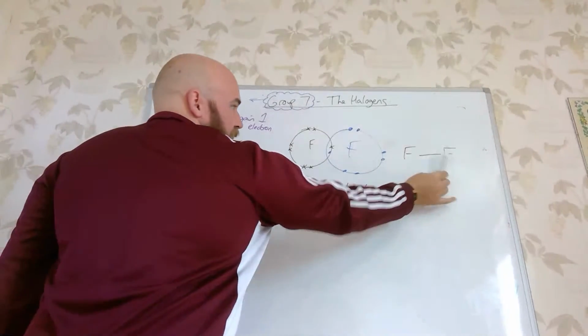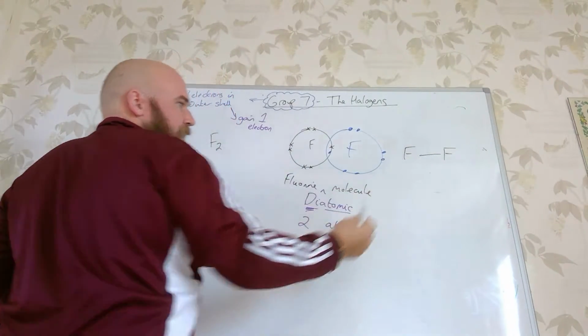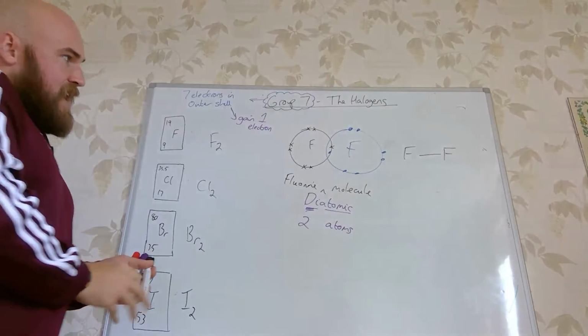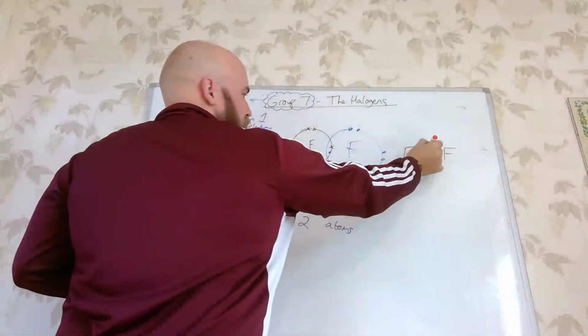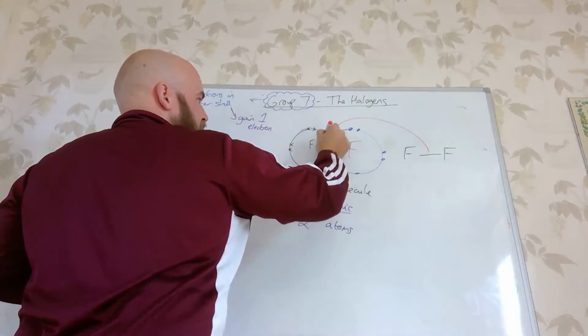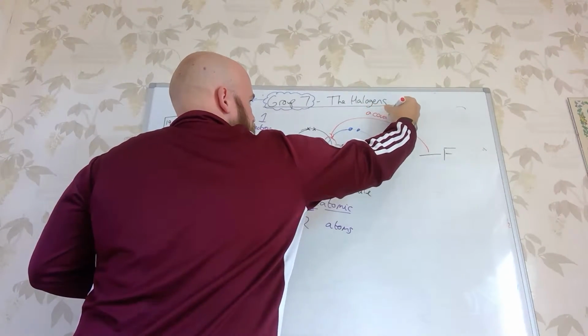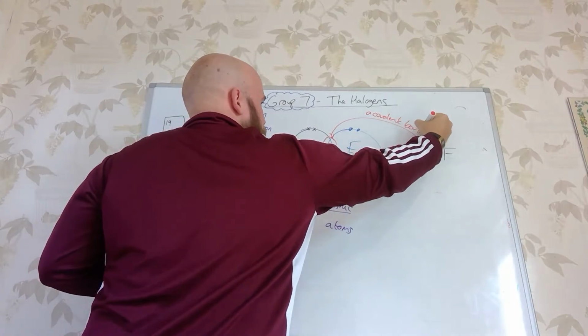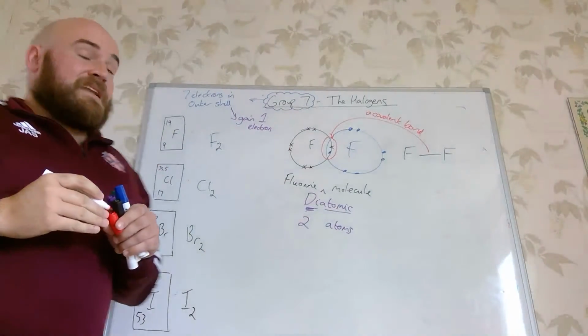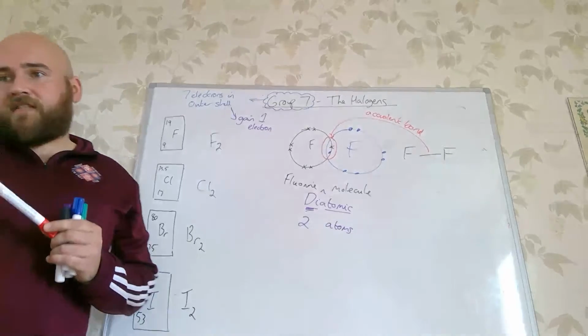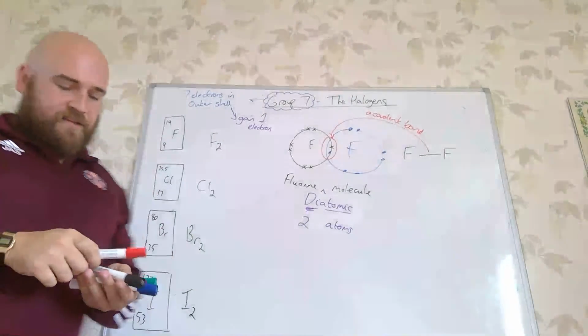So they're the individual atoms, and that is our covalent bond. The covalent bond there is that shared pair of electrons. It's a single covalent bond. And they exist as F2, Cl2, Br2, I2.